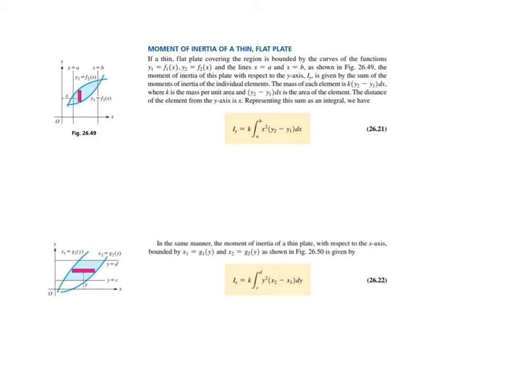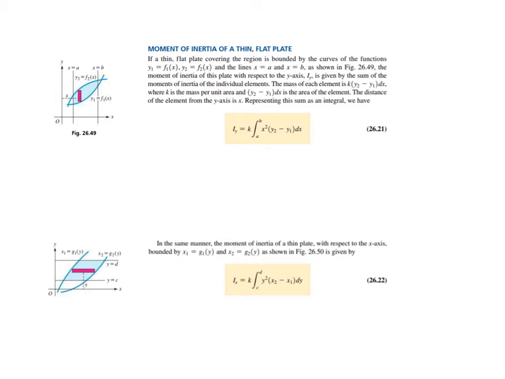If we are going with respect to the x-axis, so the x-axis is our axis of rotation, we chop our rectangles up dy. So the rectangles become horizontal when I'm revolving around the x-axis. And it's y squared, x2 minus x1, top minus bottom. Okay, so those are the big fancy formulas that we're going to use in a couple of examples.